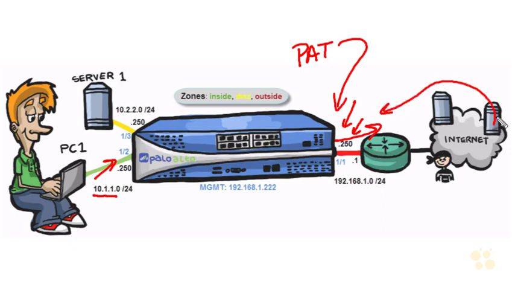And then when the reply traffic comes back from the server or whatever Bob was accessing, the Palo Alto firewall will remember that translation, do an untranslation, if you will, before it forwards that reply packet back to Bob at his real address on the 10.1.1 subnet.